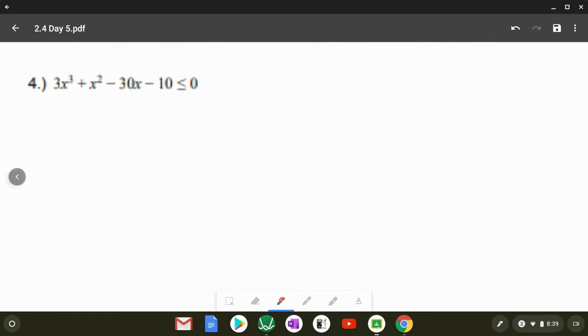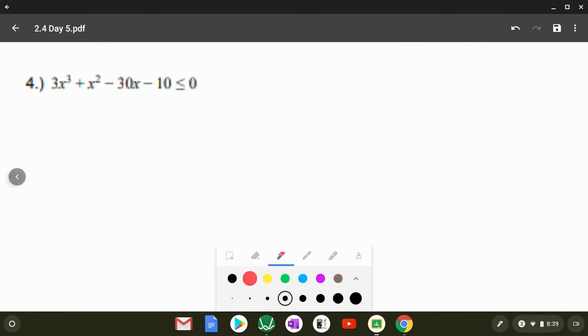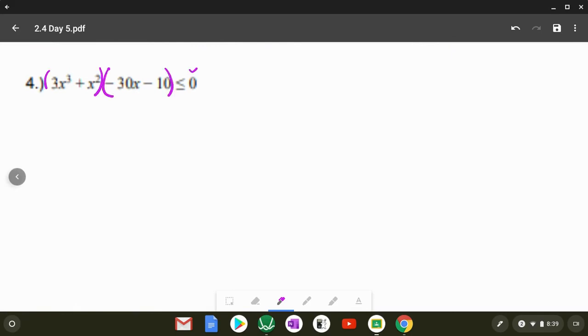And then in the final part, same concept. This one is also factorable. So if we factor by grouping, we have 0 by itself. Take out x squared, 3x plus 1. Take out -10. We have 3x plus 1.